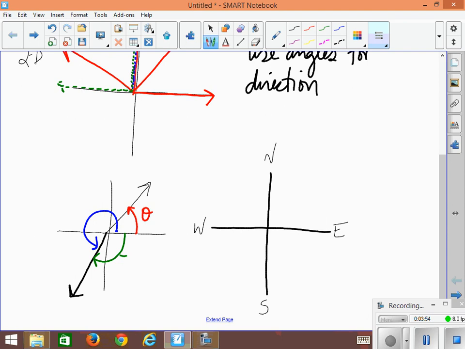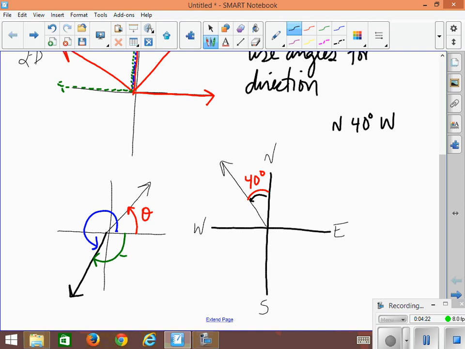And we already, I think, discussed how you could take a vector like this, and if you happen to know that the angle here, say, is 40 degrees, you can express that angle in a number of different ways. You can express it as north 40 degrees towards the west, right? North 40 degrees towards the west.